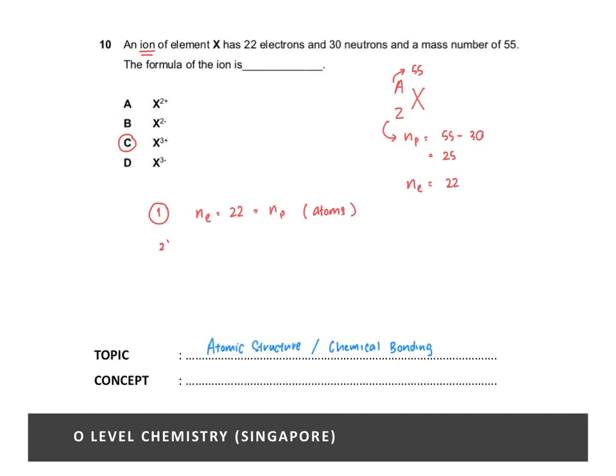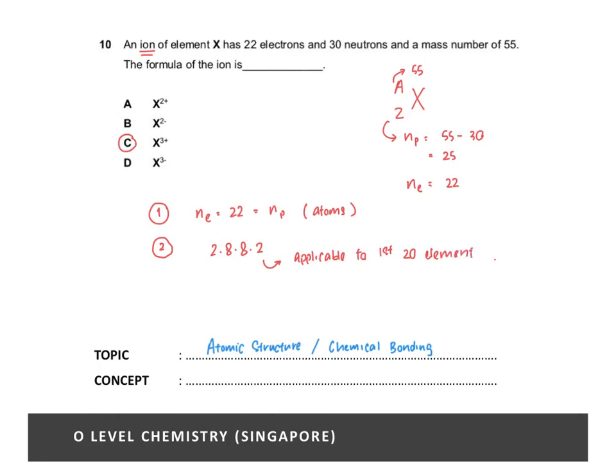Secondly, some students may look at the number of electrons and try to come up with the electronic configuration for the ion. Now, the practice of writing electronic configurations, for example 2, 8, 8, 2, and so on, whatever we have learned in the syllabus is only applicable to the first 20 elements in the periodic table.